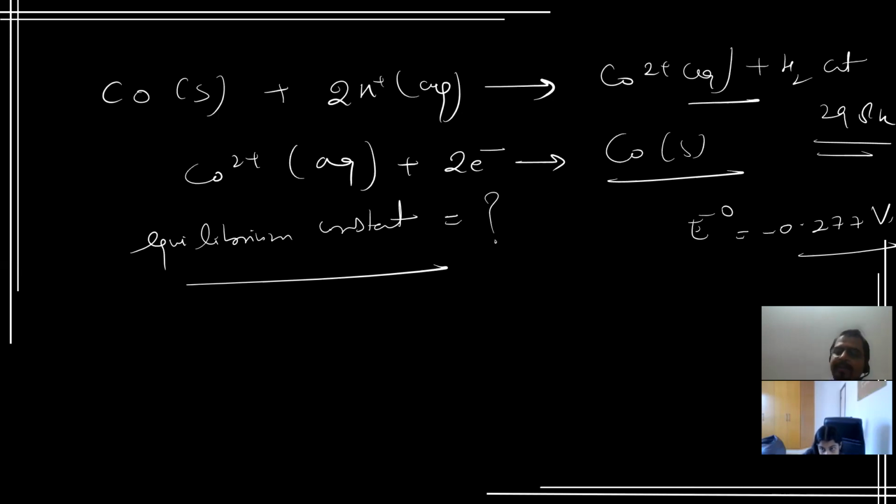So I have this value, E naught value is given, temperature is given as 298 Kelvin. You need to calculate the Kc. We have got the E naught cell, put in the formula, you will get the Kc. Can you do it? Yeah. Okay, cool.